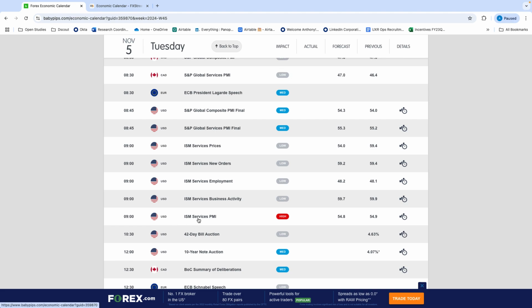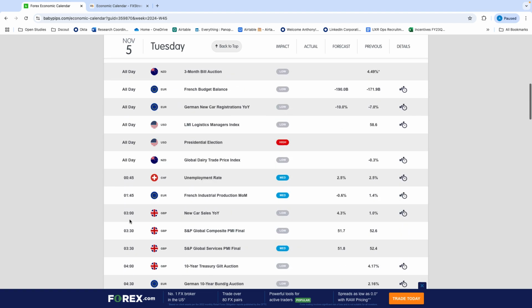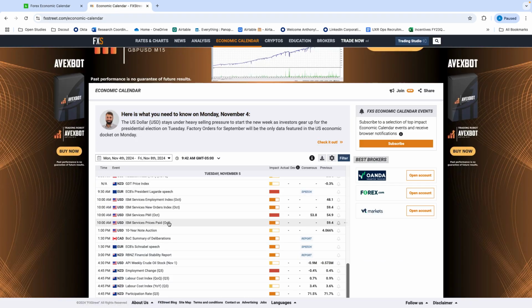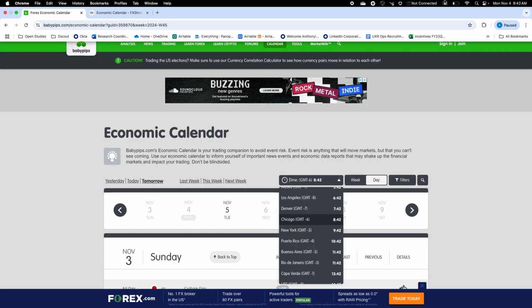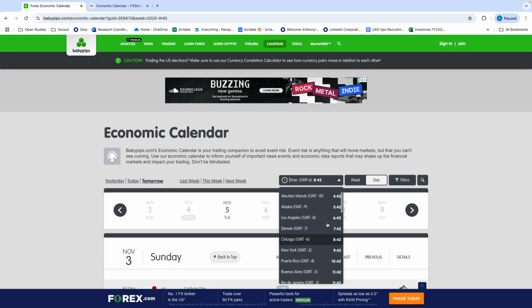So this says 9 a.m., but it says 9 a.m. Tuesday. However, on this level over here, GMT 500, 942, 842. That's weird. I don't know why it does that. What was that about? GMT 600.